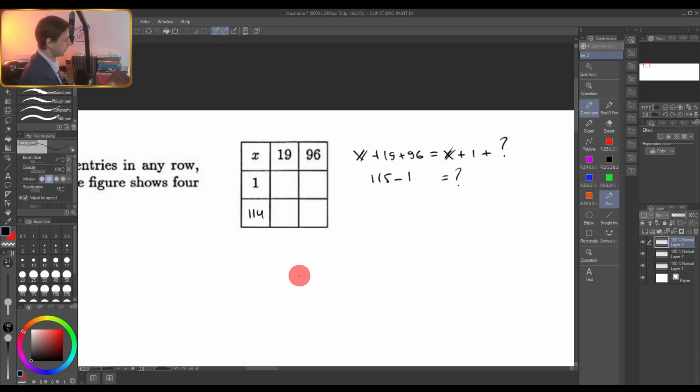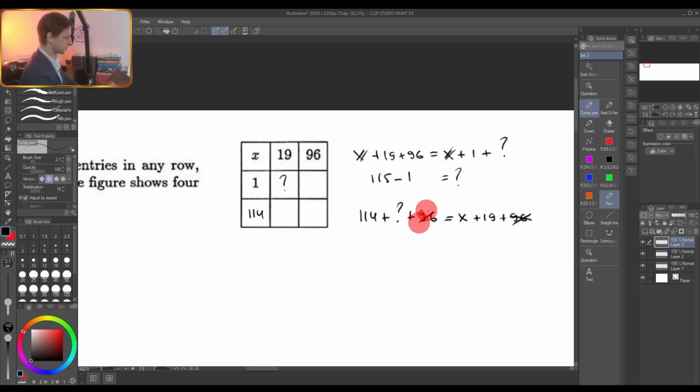Great. Next, if we again say that the sum of numbers here and here are the same, you will not get anything appropriate, because once again you have 2 unknowns. So the best next step is to say that the sum of numbers in this diagonal and in this row are the same, because here we have only 1 unknown. So 114 plus something plus 96 equals x plus 19 plus 96.